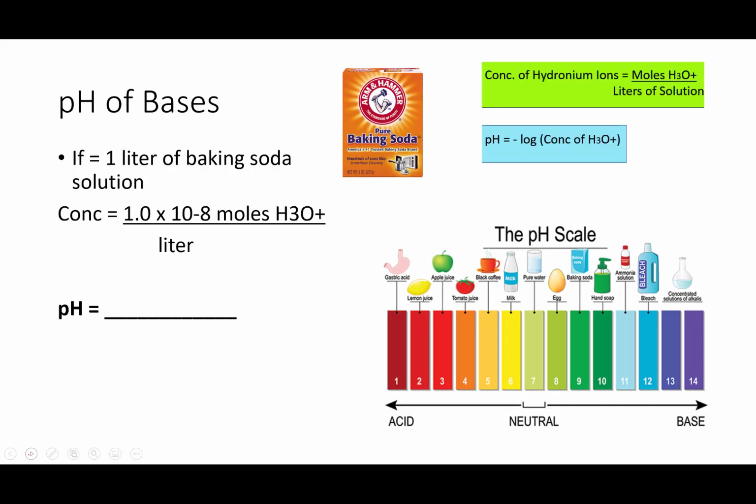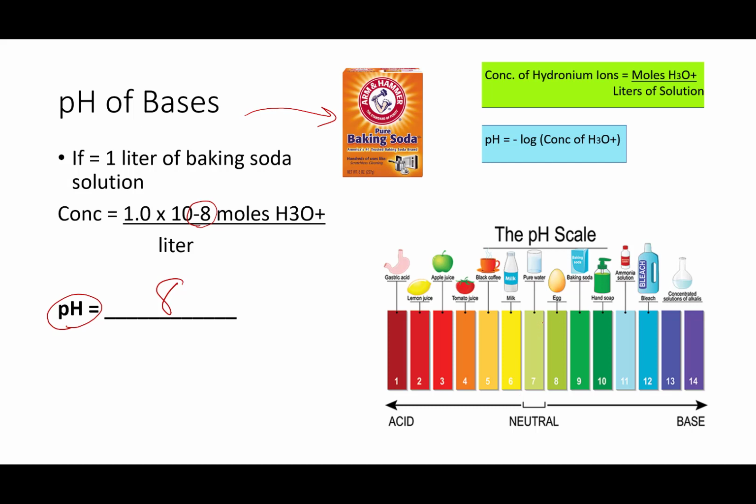Let's take a look at something that is basic, and a common base that many of you have in your home is baking soda. Now, baking soda has within it, if we had a baking soda solution, 1 times 10 to the negative 8 moles per liter. And the quick and dirty method of finding pH, we change this from a negative to a positive, so the pH of baking soda solution is going to be 8.